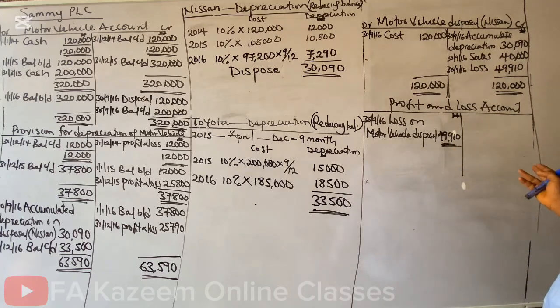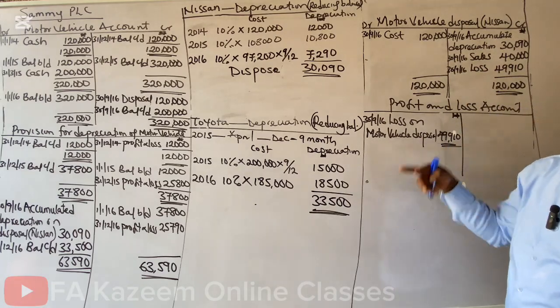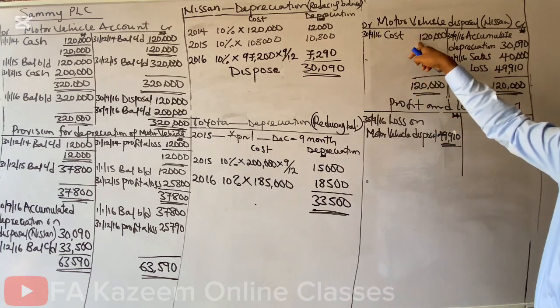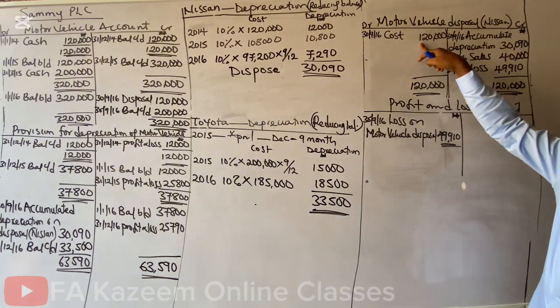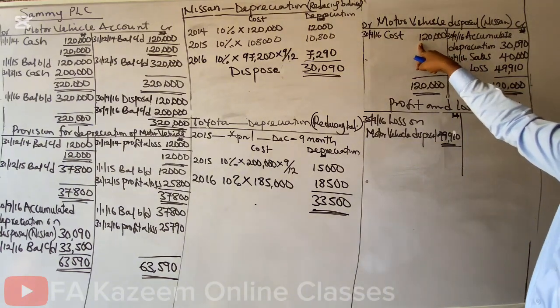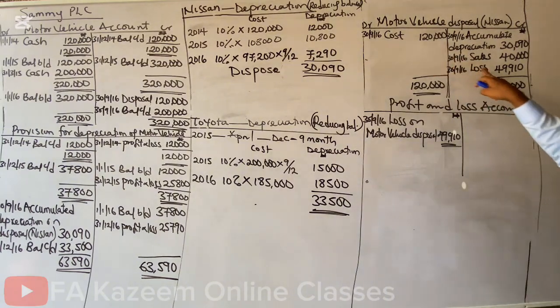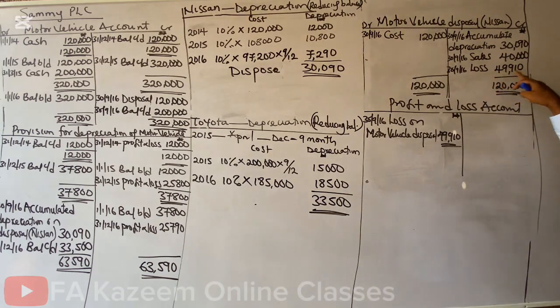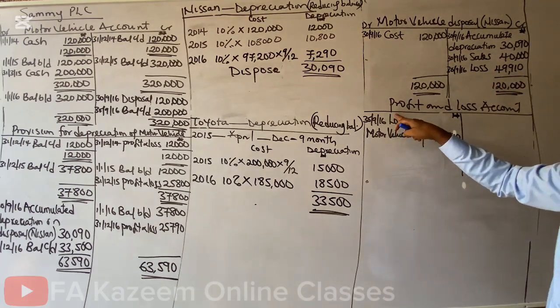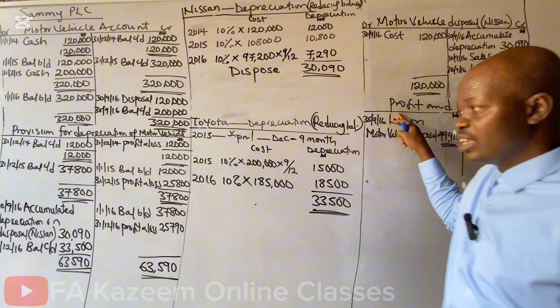It means if we want to buy a new Nissan, it's not enough to buy a new one for the Nissan that we bought for 120,000 3 years ago. It means for selling that Nissan, we have lost a sum of 49,910, which should be taken to the loss side of the profit and loss account.